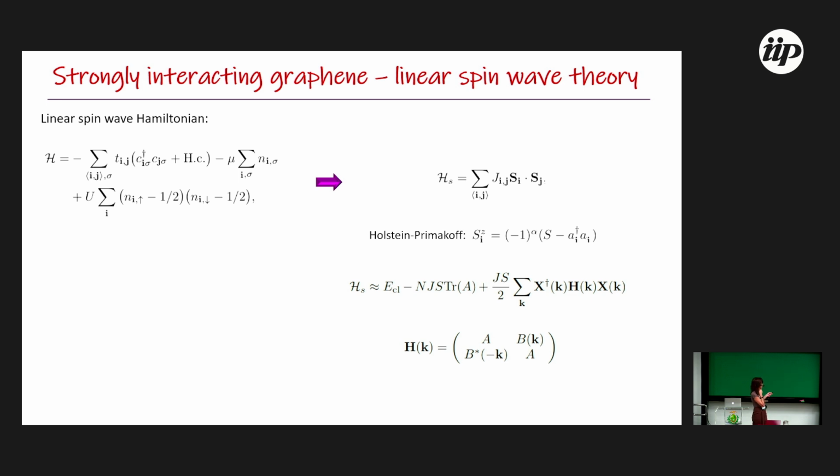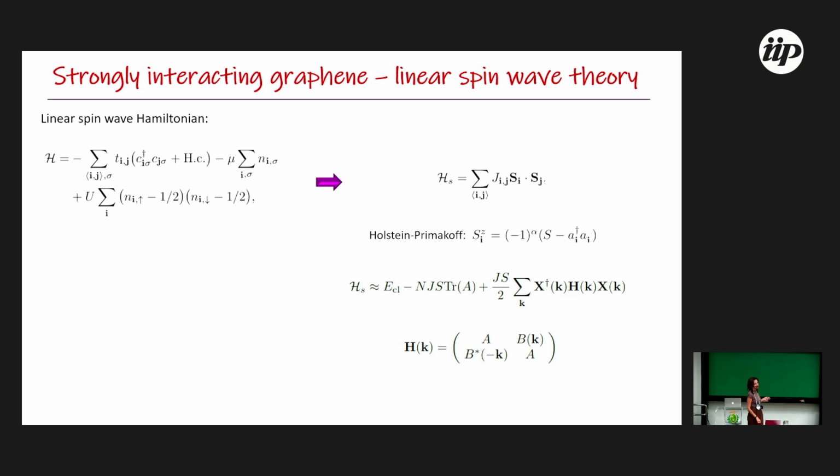Yeah. So you're talking about this part, right? Yeah, you're doing the mean field analysis, decoupling it in the spin density wave channel, but there's other channels in principle that can have instabilities. Which channels? Like charge density wave or something like that. And if so, how would that change this picture?